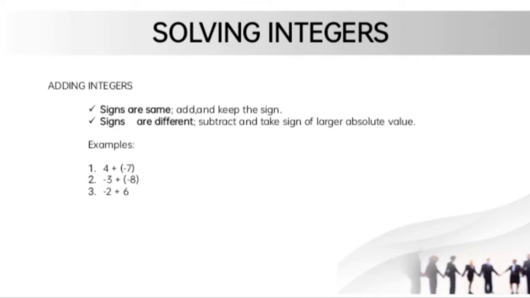And take the sign of the larger value, and the larger value is 7. 7 is negative, so the answer will be negative, and the answer is -3. So 4 plus -7 will be equal to -3.